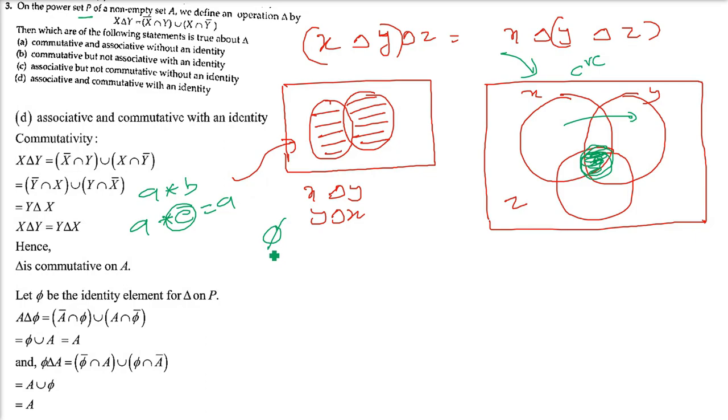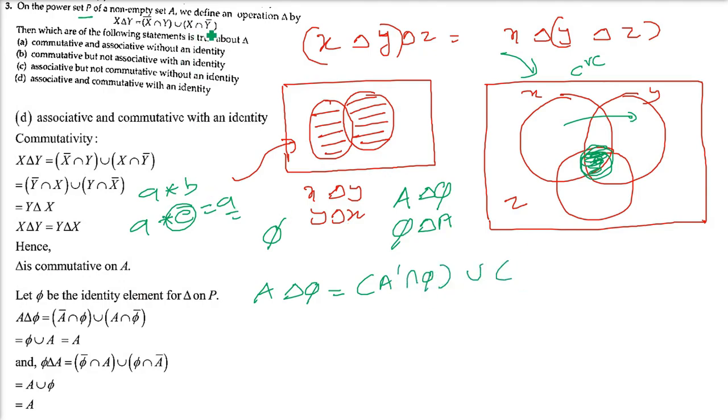If at all we take this set A, or an element of A, and we operate it with this phi, or phi we operated with A, and if we get A back, then that phi will be a null set or identity value. So let us just prove that phi is an identity or not.